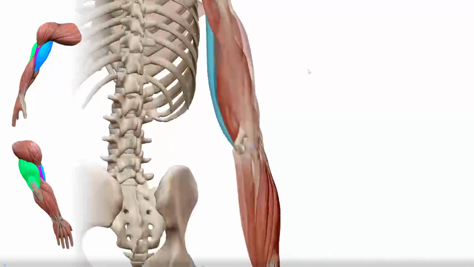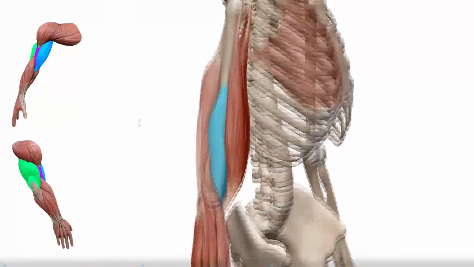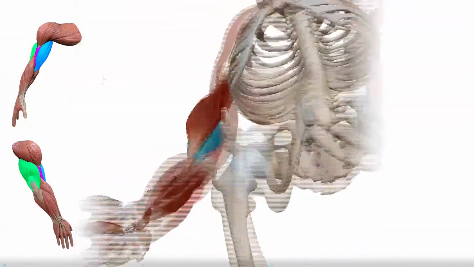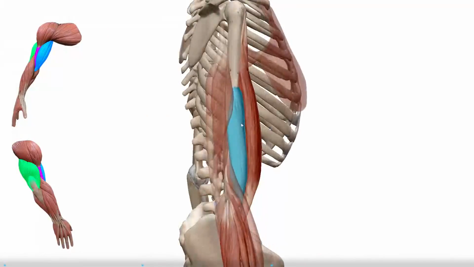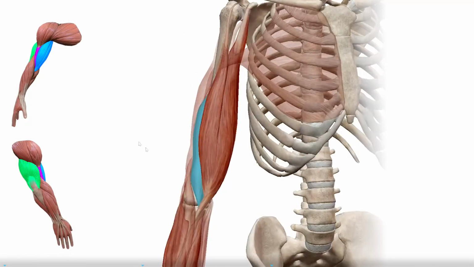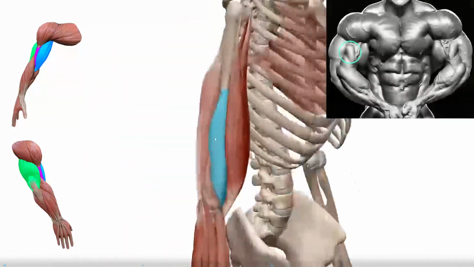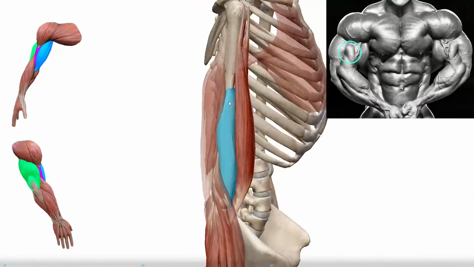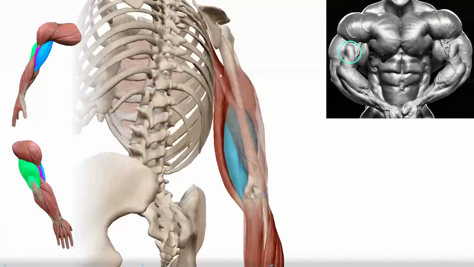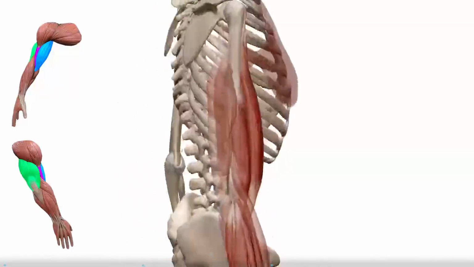Then, if we look at the attachment points for the brachialis, as you can see here, the brachialis is actually quite big. So if you develop your biceps quite a lot, this is going to give a lot of volume to your upper arm section. Now, the brachialis starts exactly where the coracobrachialis attaches.